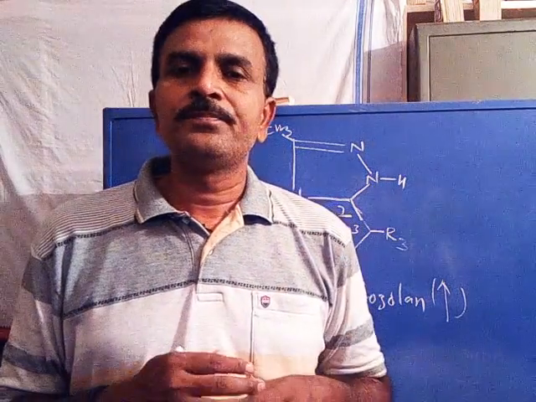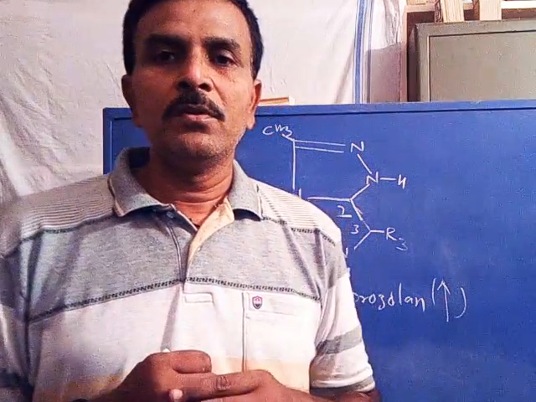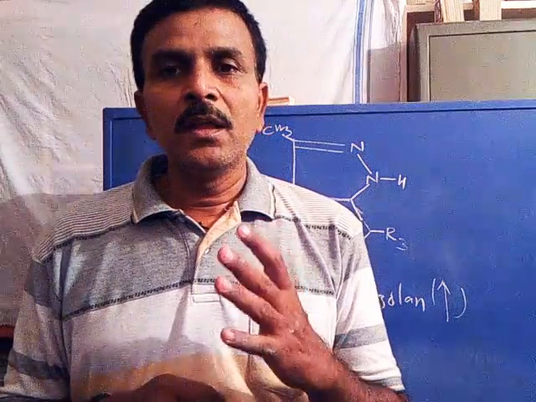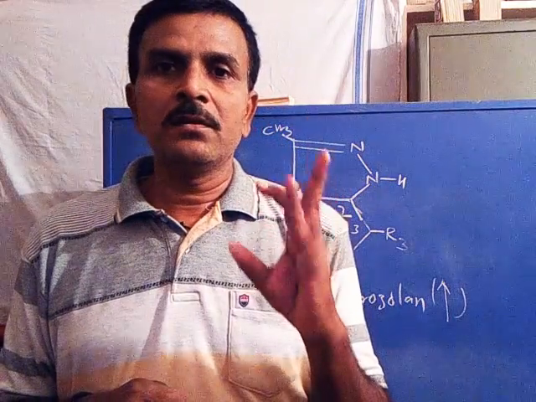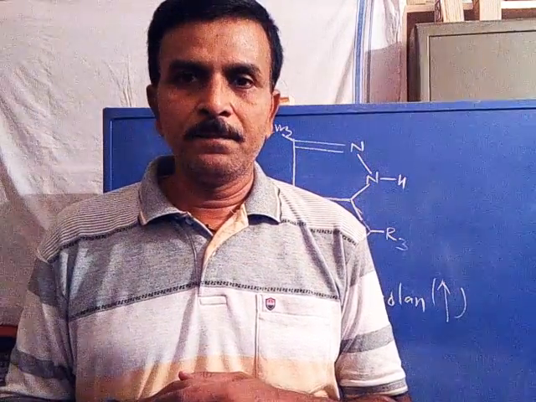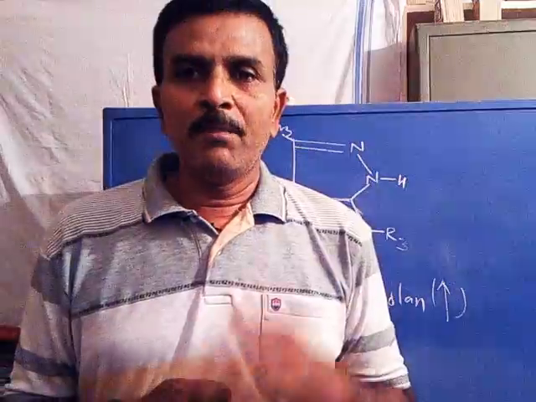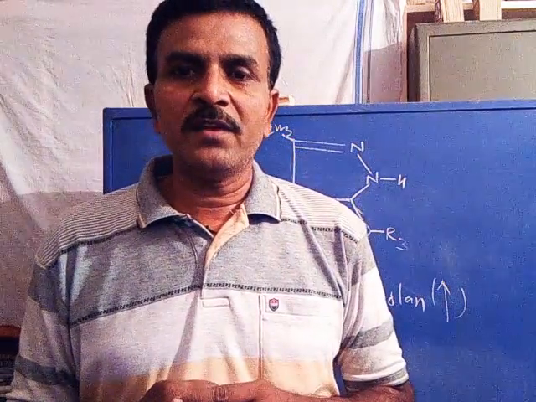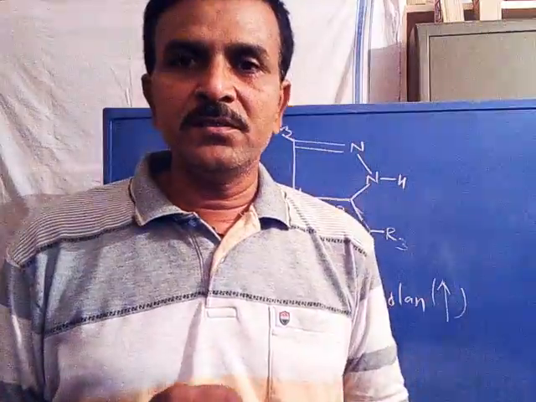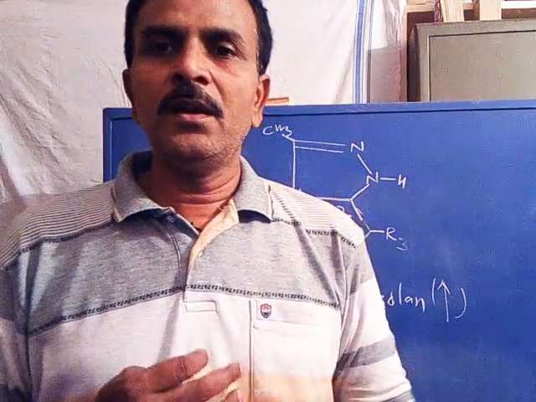So with this, according to your syllabus, you have to study the structure activity relationship study for sulfa drug, for Taxol analog and for benzodiazepine drug. In the last class, we completed sulfa drug structure activity relationship study, and in today's class we covered the structure activity relationship studies for two drugs.